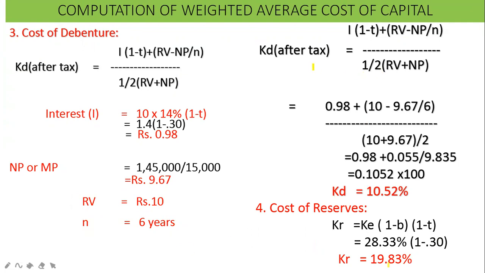Now apply all these values in the formula. I into 1 minus T. It is how much? Interest 0.98. What is that interest after taking into account the tax? How much is the interest payable to debenture holders? 0.98.